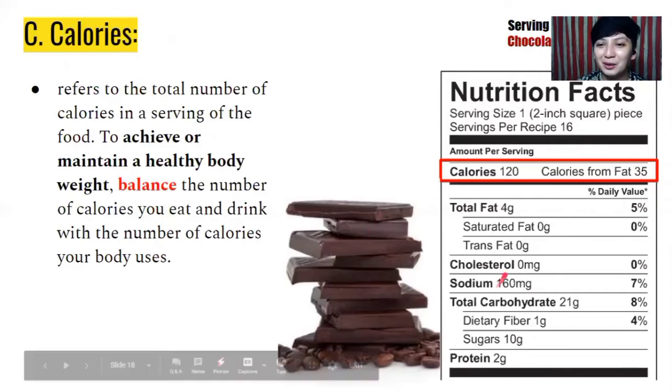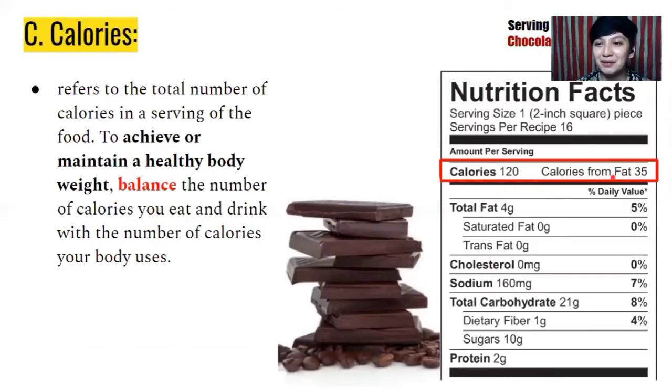So we have here, for example, in a serving of chocolate, calories is 120 and calories from fat is 35. So a bit higher, right? So let us take in less chocolate or sweet food so that we avoid calories that are high in volume, in grams, as you can see.